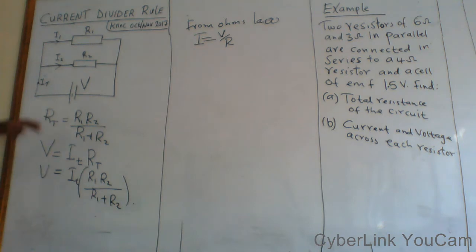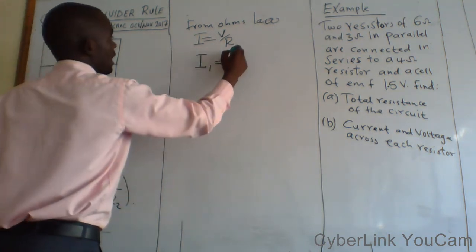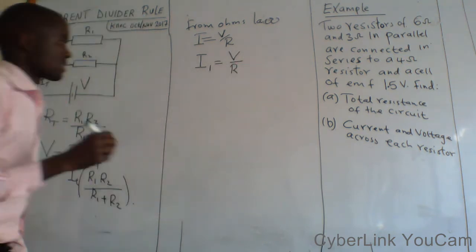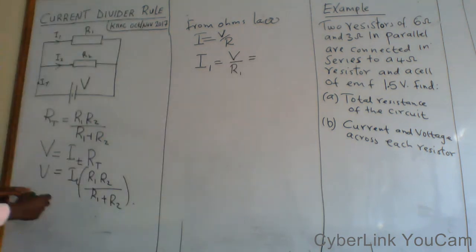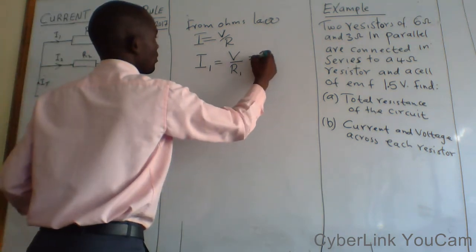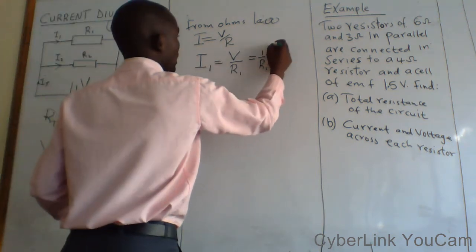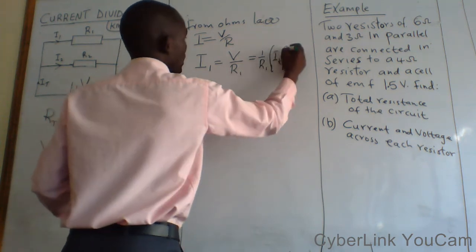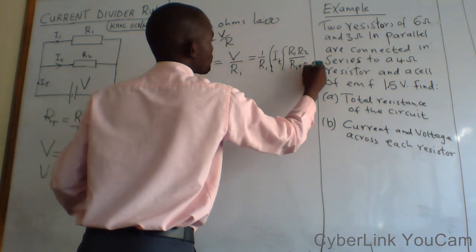So we want to get I1. I1 will be given by the total voltage divided by R1. Remember, the expression we are using for the total voltage is this. So it means it will be 1 over R1 multiplied by this V, which is IT into R1 R2 divided by R1 plus R2.